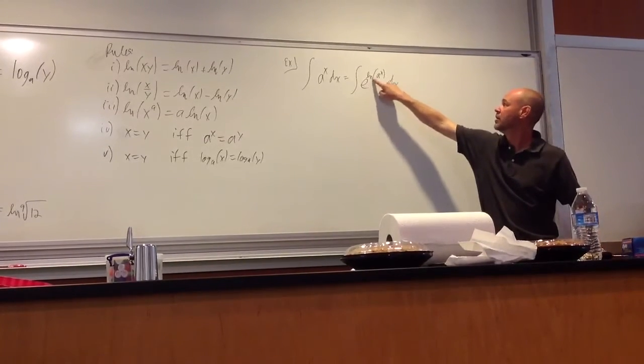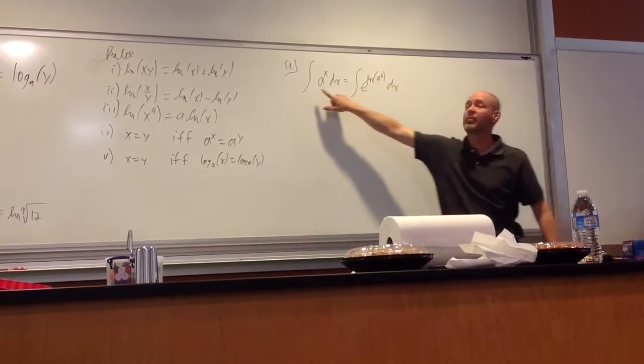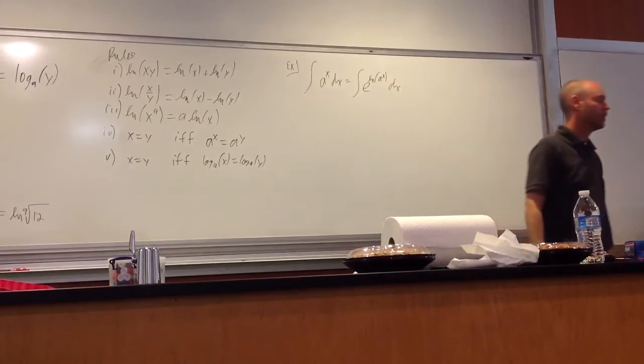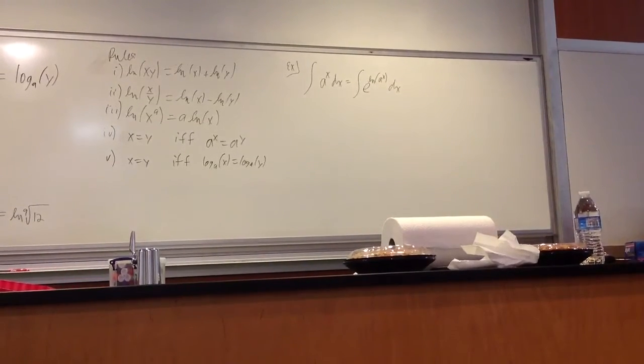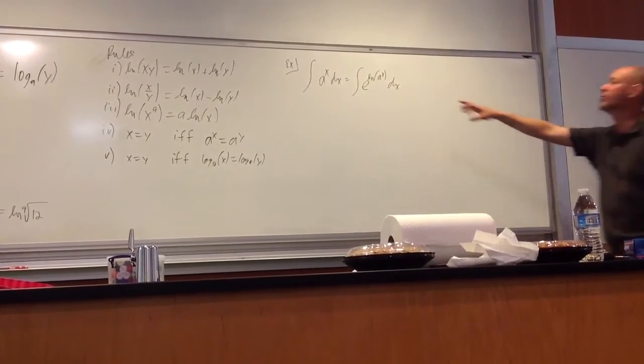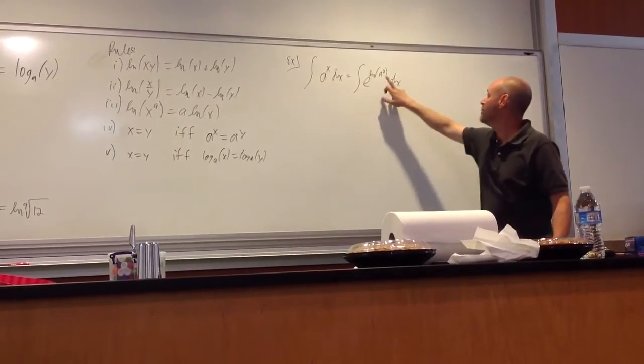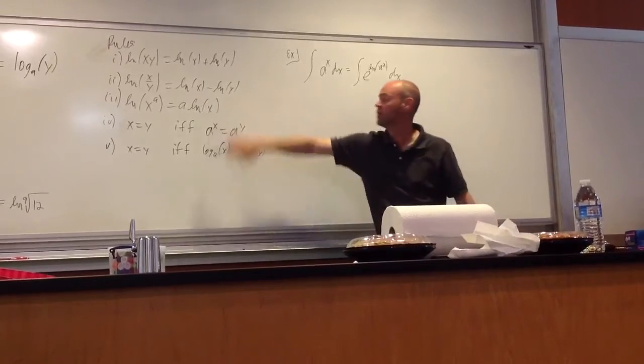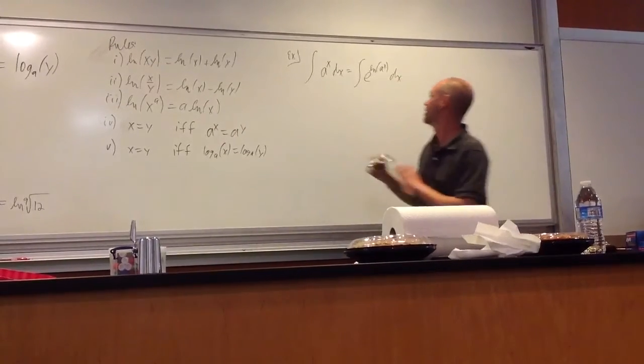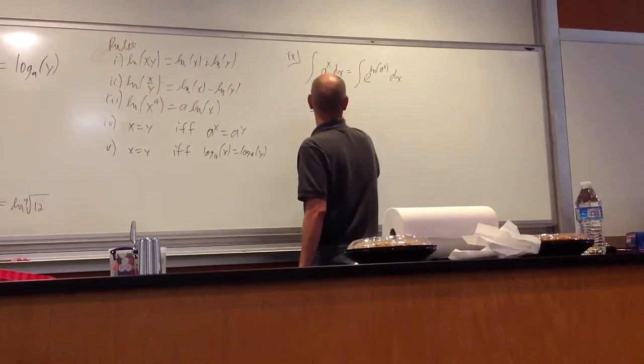What happens here? They reduce out and I'm back to here. Why would I do this? First of all, we don't know what the integral of a to the x dx is. However, when I'm here, I can apply this rule. Bring that x down.